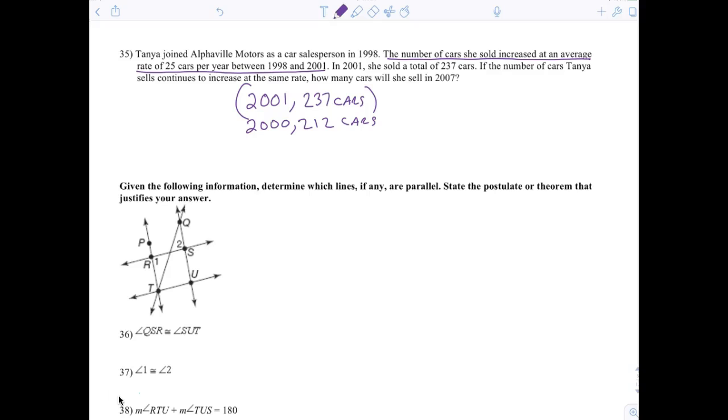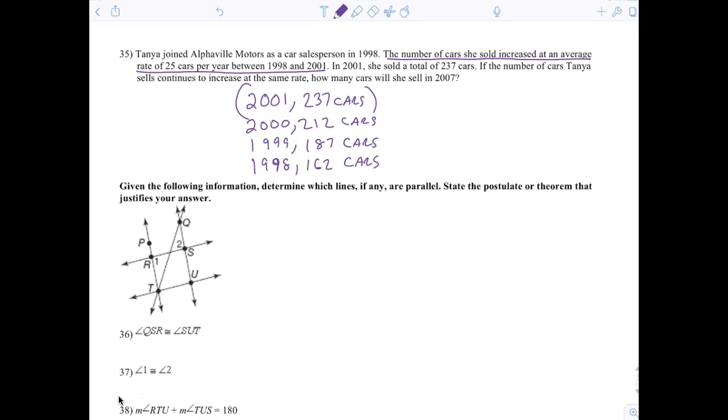Does everybody agree with that? We're just decreasing by 25, right? So then in 1999, it was what? Is that right? 187 cars? And then in 1998, 162 cars.